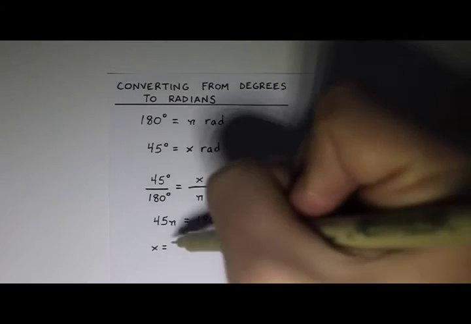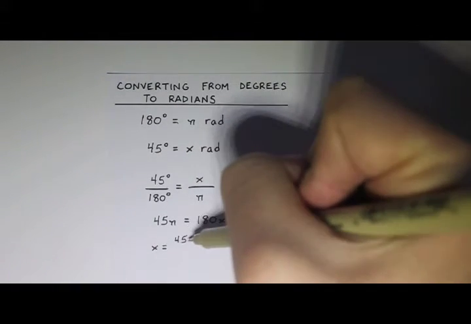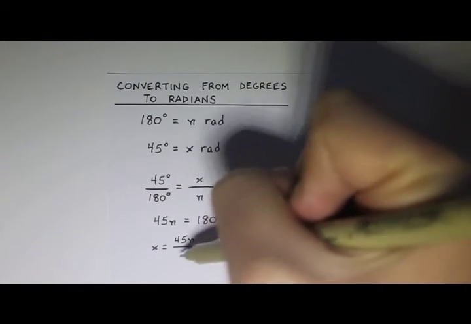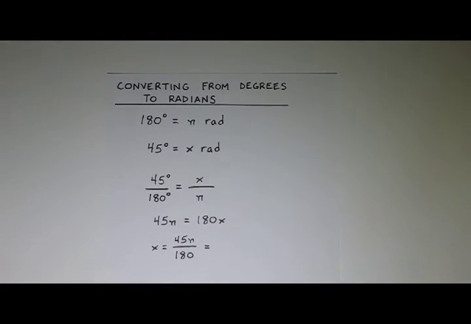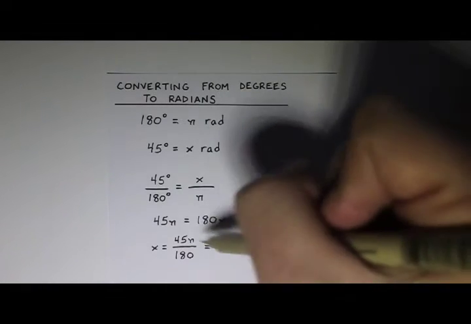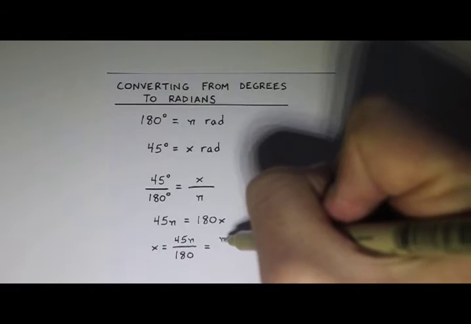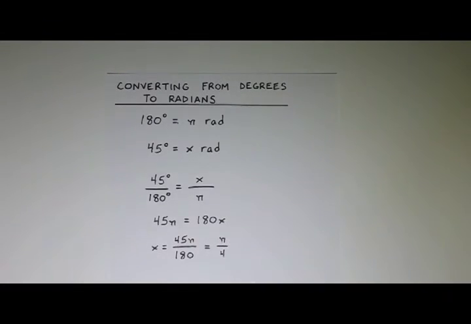So x is 45 pi divided by 180. Okay. I can reduce this because 45 over 180 reduces, and 45 goes into 180 4 times, so this is the same thing as pi over 4, which I knew already from the video before.